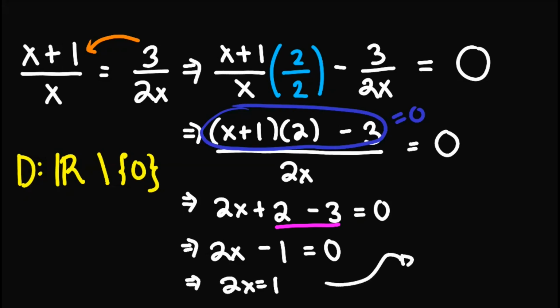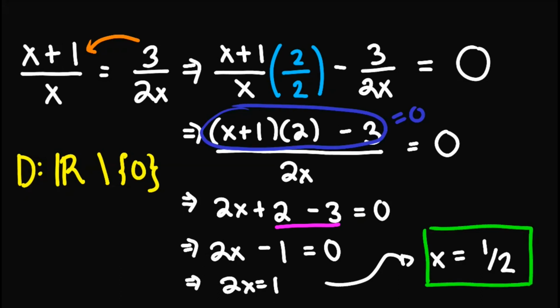Or finally, we've got x equals 1/2. And this one out here is the final answer. Observe that our solution, which is x equals 1/2, is part of the domain out here, since 1/2 is part of all real numbers excluding 0.